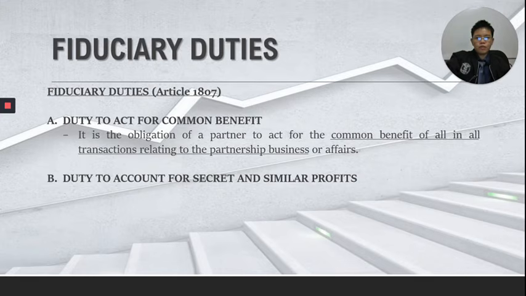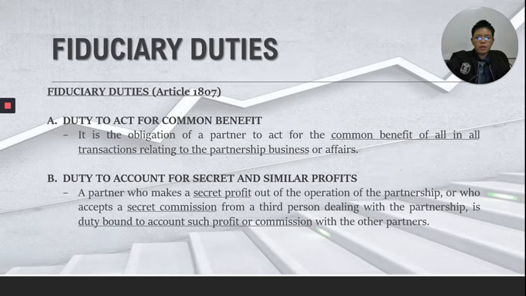Duty to account for secret and similar profit. So, remember, any secret profit or any secret commission that is made by the partner should be also accounted for in favor of the partnership as well as the other partners. So, bawal yung may mga kickback or merong mga konting kinita on the side. Remember, kailangan mo pa rin i-declare yan sa partnership.